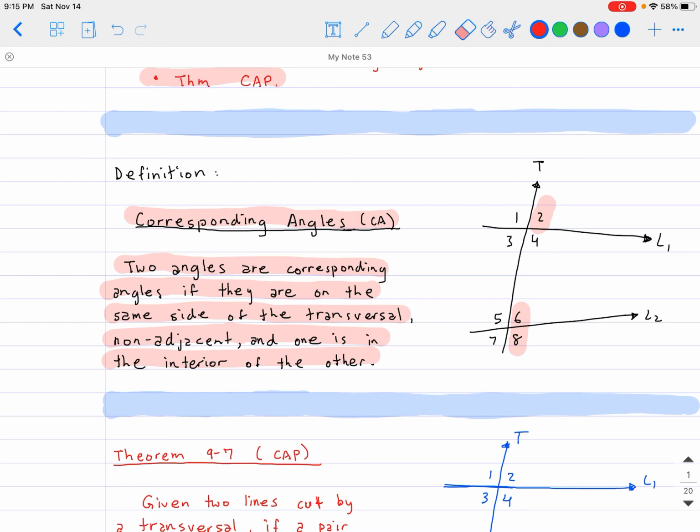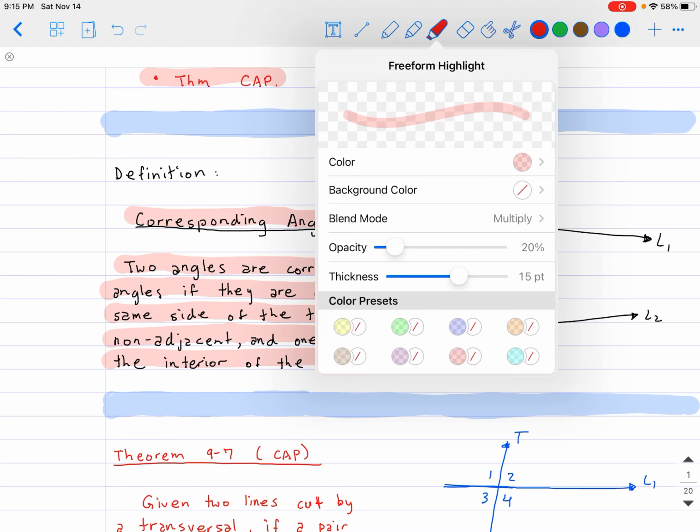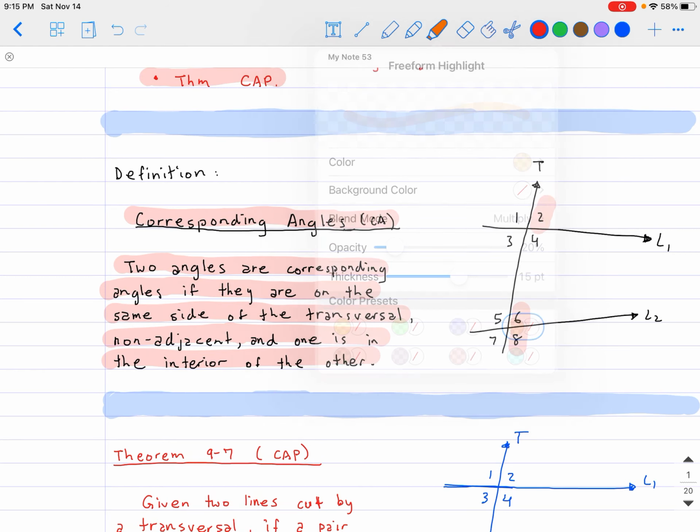If you draw angle 6, you can see that angle 6 is all of this region over here. So you can see how angle 2 is in the interior of angle 6. So that makes 2 and 6 corresponding angles, whereas 8 is on the opposite side and it doesn't work out. So in conclusion, 2 and 6 are going to be corresponding angles.